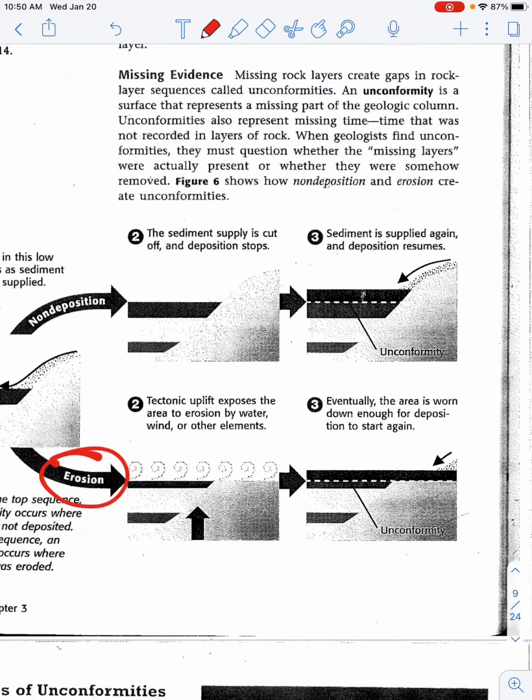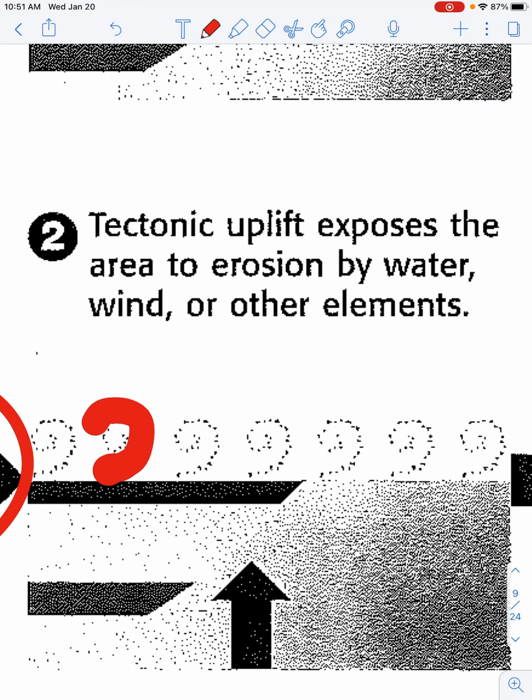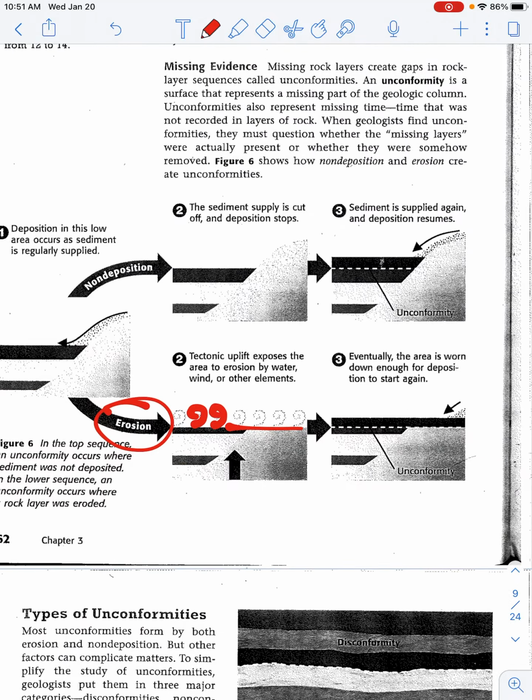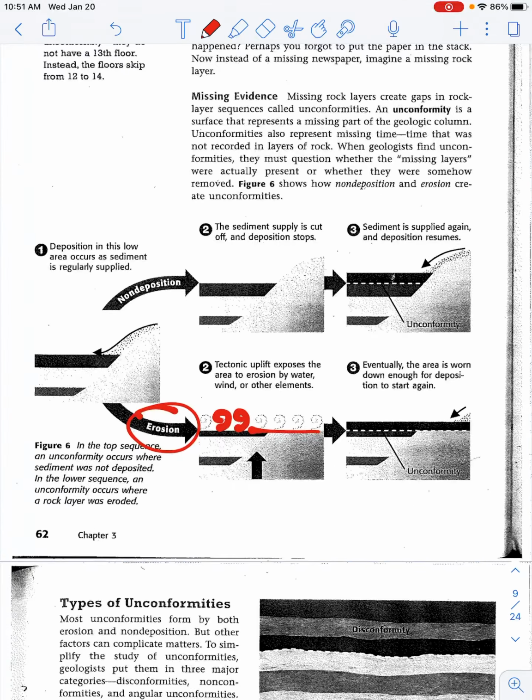So you can see here these little circles representing wind flowing across this layer that eventually exposes it and causes the unconformity. Okay. Now let's go down to the next page.